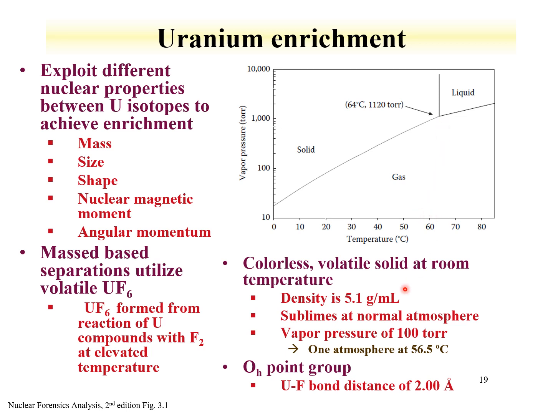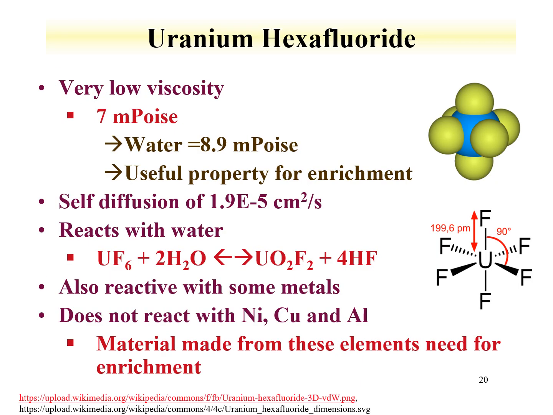So if we took this material and heated it to 56 degrees, we'd have an atmosphere of pressure of uranium hexafluoride above it. The molecule has Oh symmetry with uranium-fluorine bond distances of about 2 angstroms. The structure of the molecule is provided here. Very simple Oh symmetry.